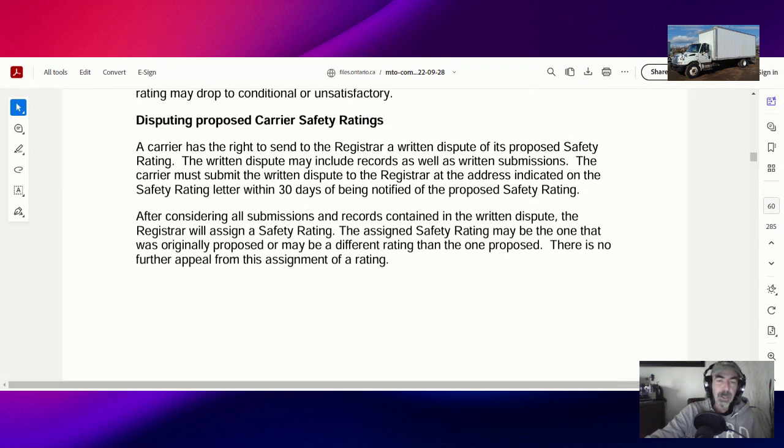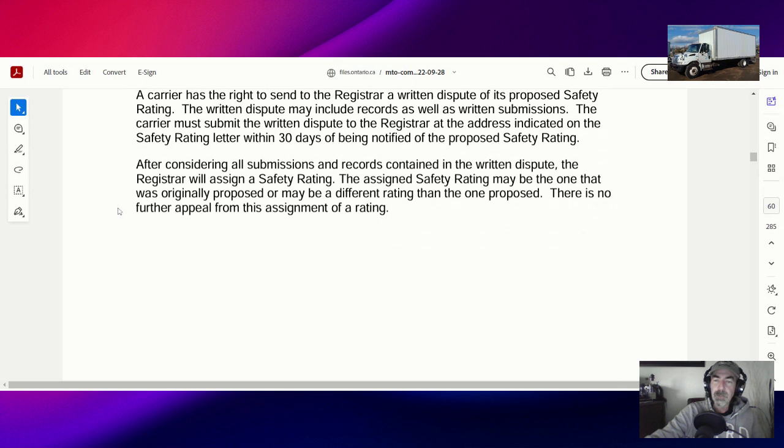Disputing proposed carrier safety ratings. A carrier has the right to send to the registrar a written dispute of its proposed safety rating. The written dispute may include records as well as written submissions. The carrier must submit the written dispute to the registrar at the address indicated on the safety rating letter within 30 days of being notified of the proposed safety rating.